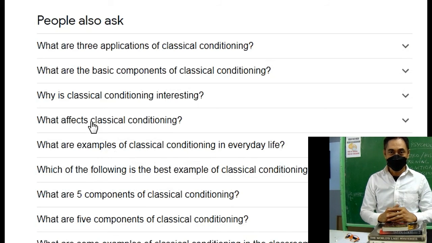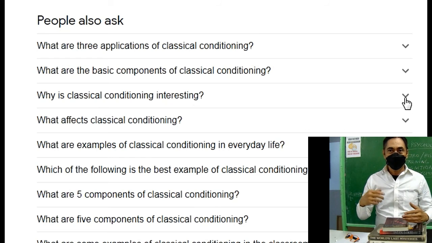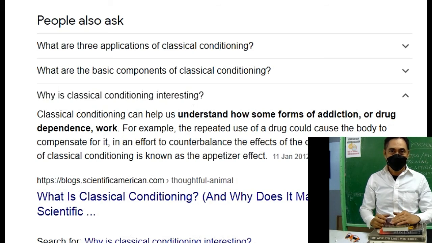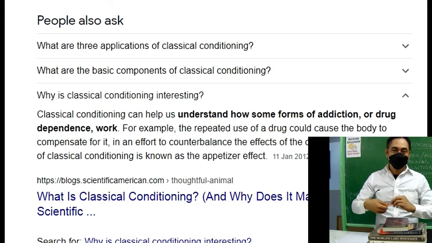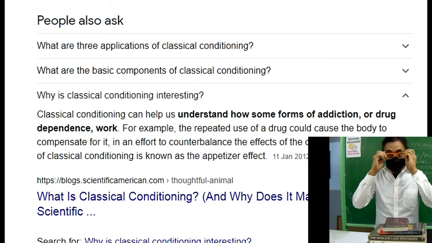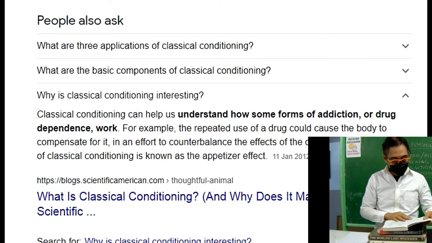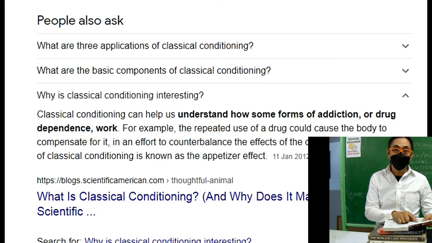The third question is, why is classical conditioning so interesting? The answer is that classical conditioning can help us understand how some forms of addiction or drug dependence work. For example, the repeated use of a drug could cause the body to compensate for it in an effort to counterbalance the effect of the drug. Another example of classical conditioning is known as the appetizer effect.